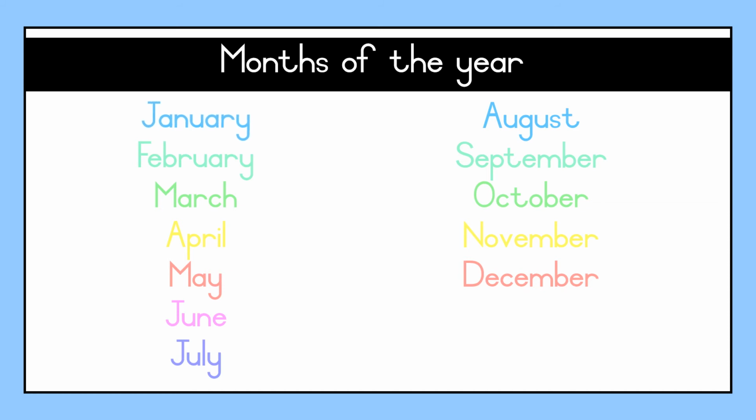Can you help me? 1 January, 2 February, 3 March, 4 April, 5 May, 6 June, number 7 July, number 8 August, number 9 September, number 10 October, number 11 November, and number 12 December. That means that there are 12 months in the year. You must practice the days of the week and the months of the year every day.